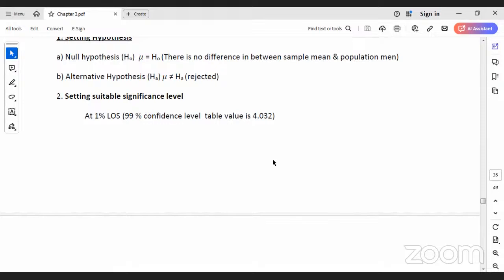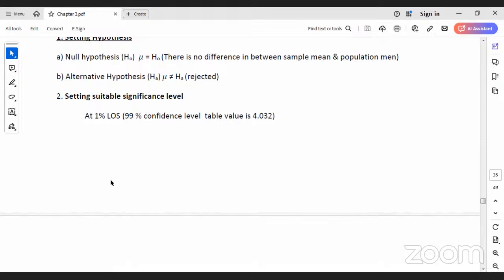Already I have said in the previous classes that the student t-test table values are also available at the end, that is, the last pages of a research methodology book or the SP Gupta statistical methods book or any statistics book. So you need to carry these table values: ANOVA one way, ANOVA two way, chi-square test and t-test table values.